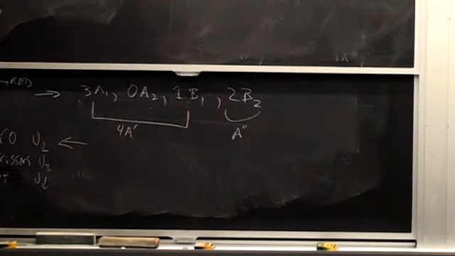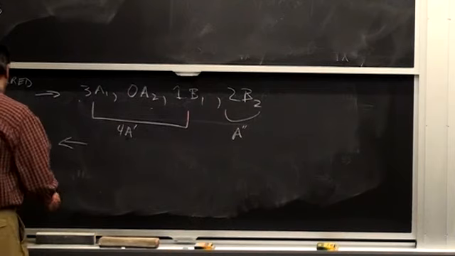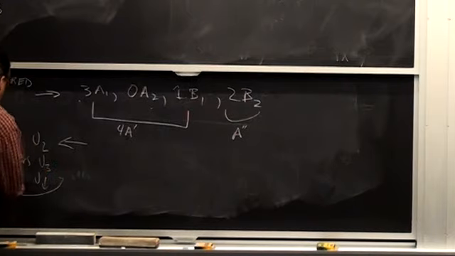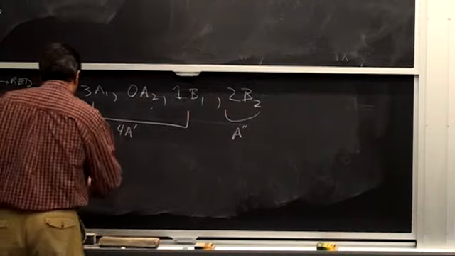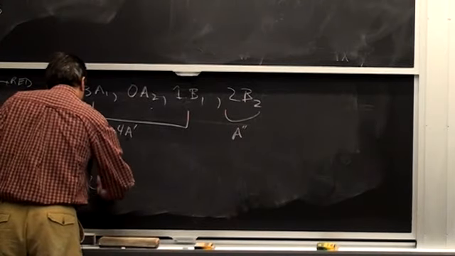And you have a progression plus one quantum of the CH stretch, really weak. And you have a progression involving something that by process of elimination is related to the out-of-plane mode, and that thing has a frequency of 824 wave numbers.